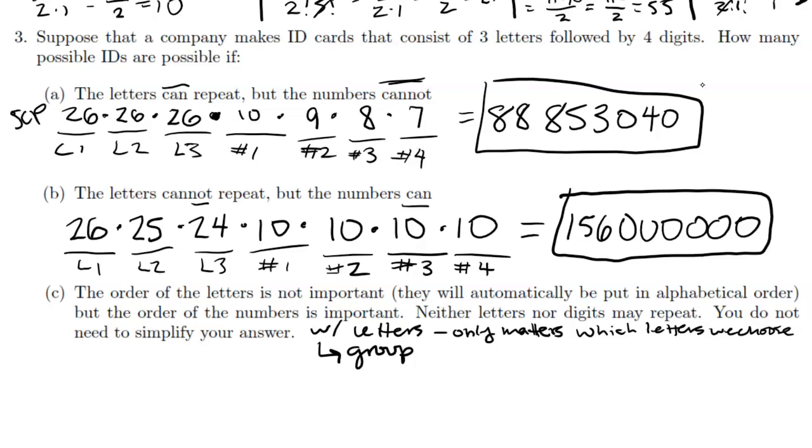So we still are going to pick 3 letters from all possible letters, which is 26. So for picking the letter part of the ID card, it's just going to be one event. So pick the group of letters.